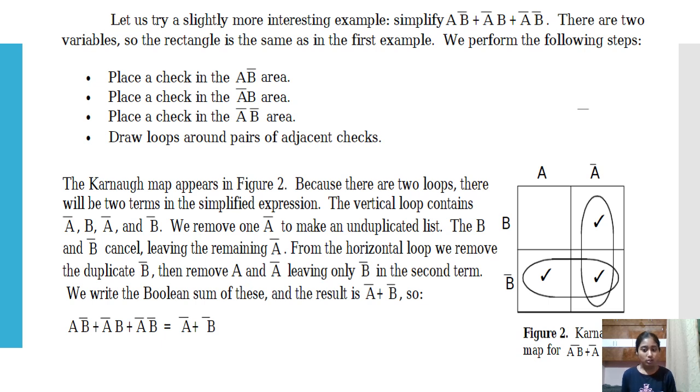From the horizontal loop, we remove the duplicate B bar, then remove A and A bar, leaving only B bar in the second term. So we write the Boolean sum of these and the result is A bar plus B bar. Thus, the simplified form of the expression A B bar plus A bar B plus A bar B bar is A bar plus B bar.